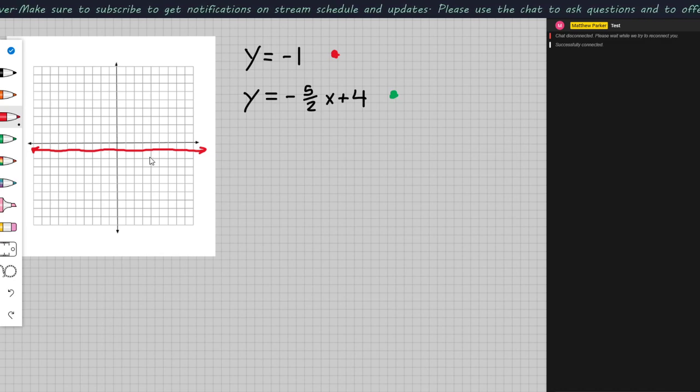So there's our first equation, and then our second is going to be negative 5 halves x plus 4, so up 4, 1, 2, 4. So we're going to go down 5, 1, 2, 3, 4, 5, and over 2, 1, 2.